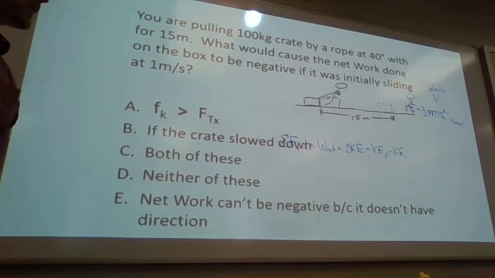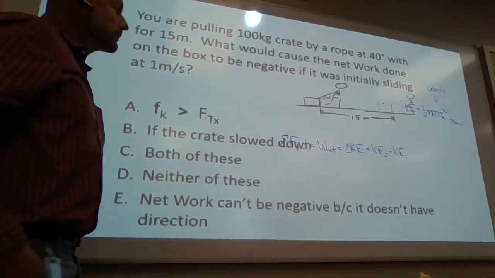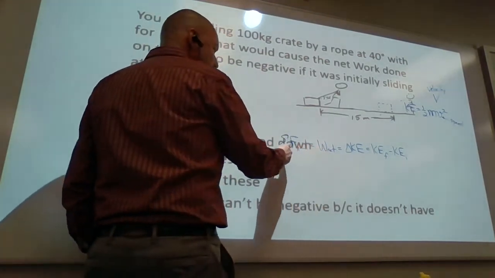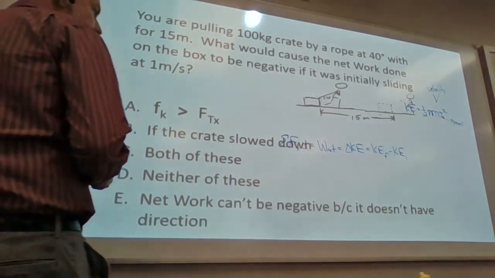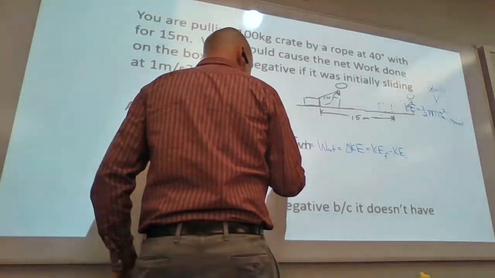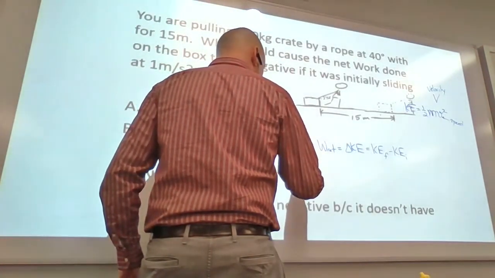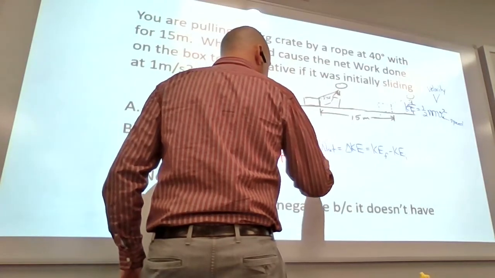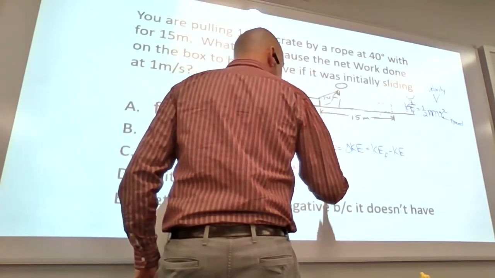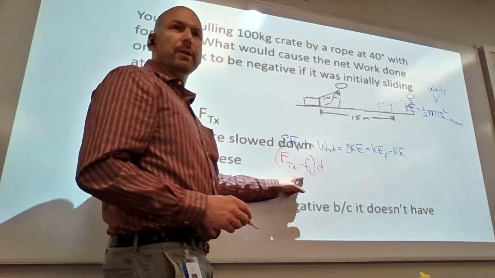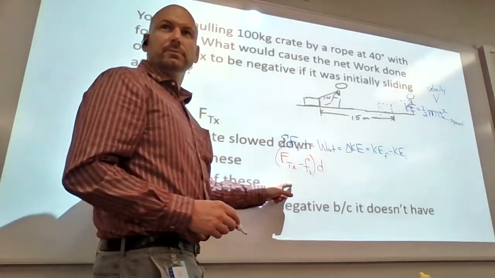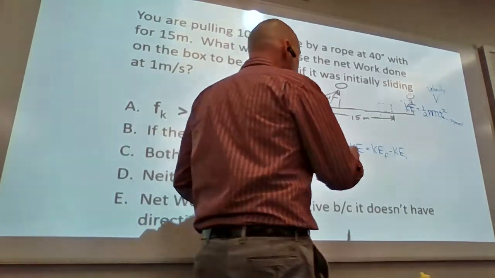Okay. So, two different approaches. Net work being negative. In this scenario, your net work is force of tension in the x direction minus friction times distance. In order to make this negative, friction needs to be greater than tension. Okay?